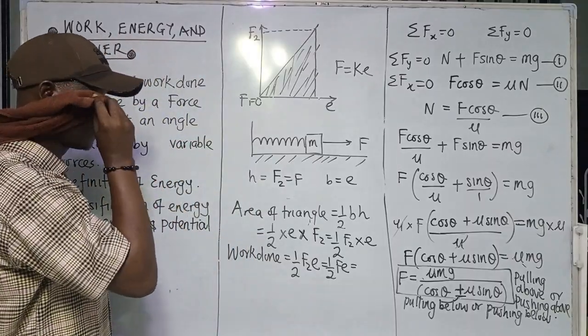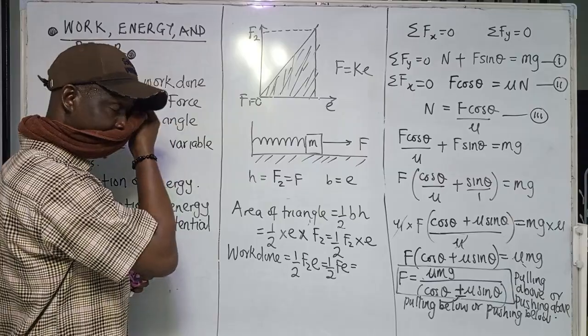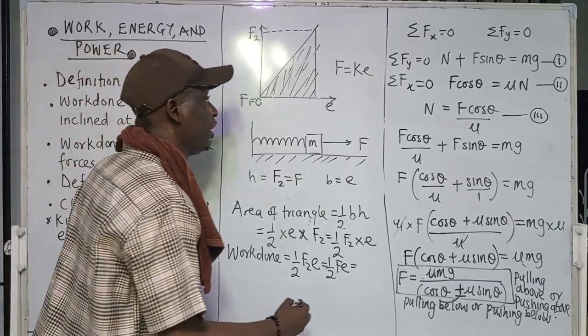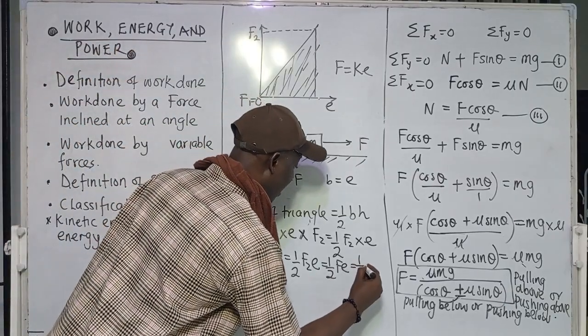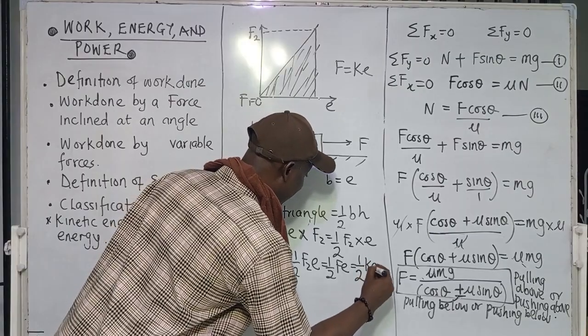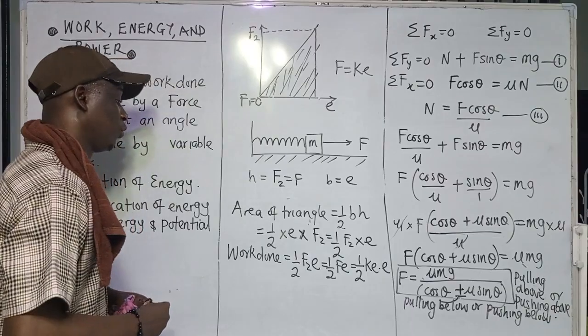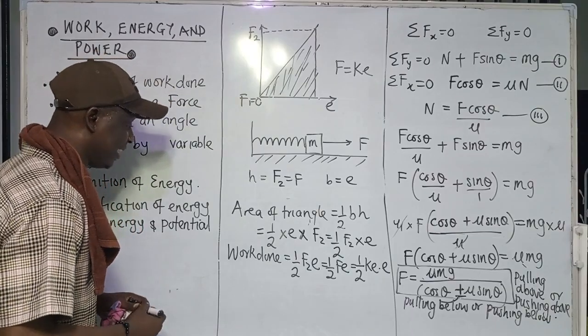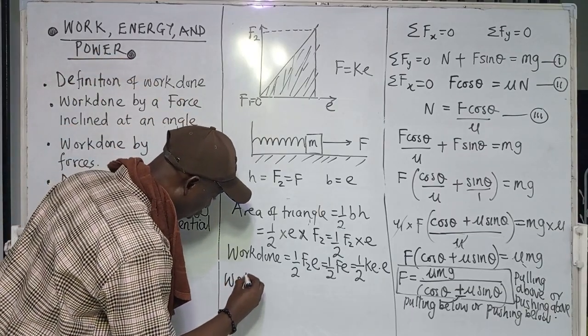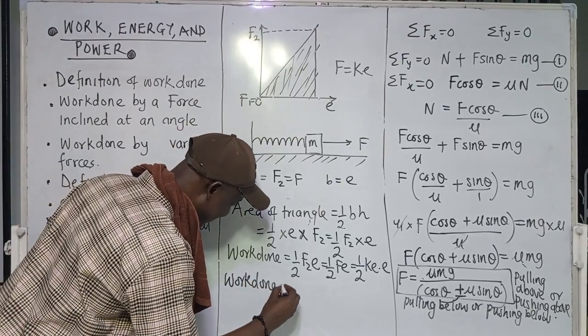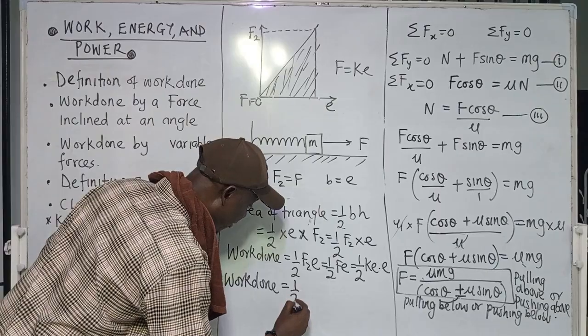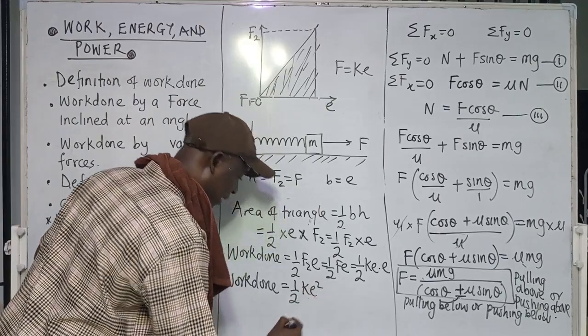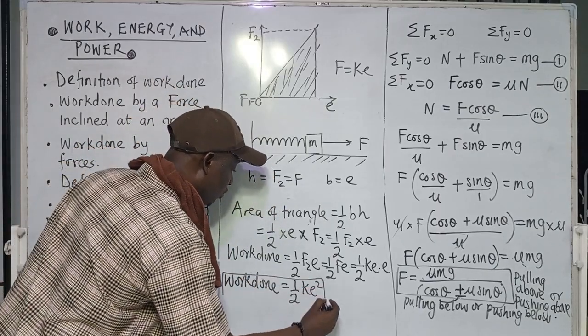For a string F is equal to Ke. So if F equals Ke, let's substitute here. What do I have? Half times Ke dot e. So that means work done is equivalent to the area here. So work done finally is equal to half Ke squared. So this is the work done.